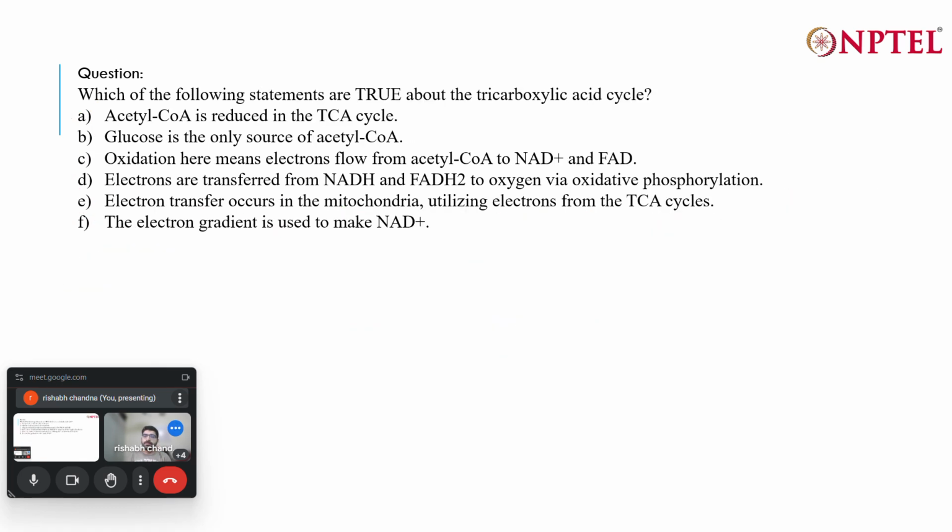Which of the following statements are true about the tricarboxylic acid cycle? So, what can be the correct answer?